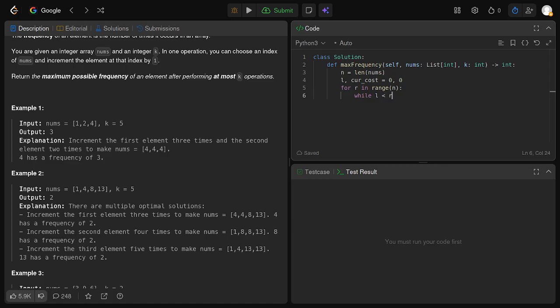While L is less than R and current cost is over k, then current cost minus equals nums L, L plus equals 1. We don't want to do it when L is equal to R, because it means that we have just one element, which takes 0 operations to make that.